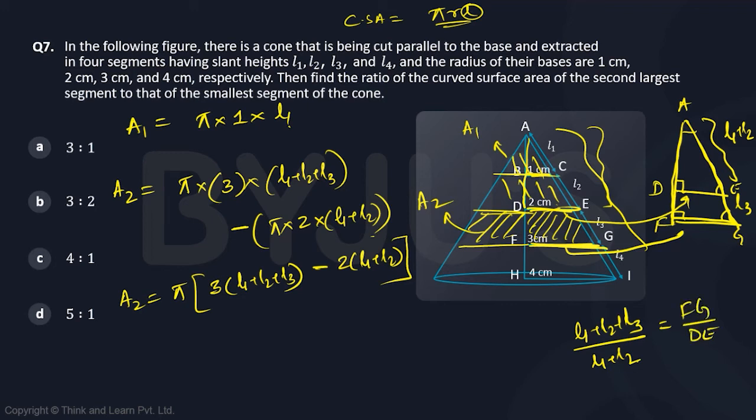This is the similar triangles property, ratio of sides in same proportion, where FG is 3 and DE is 2.